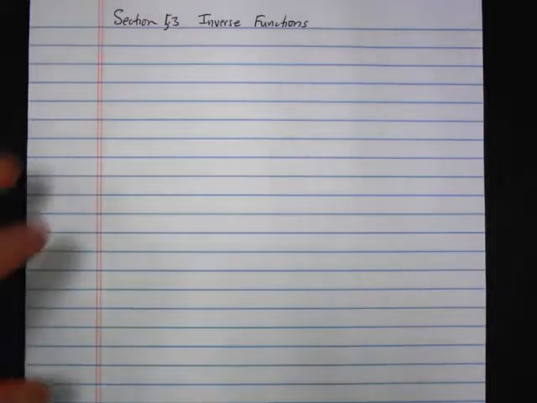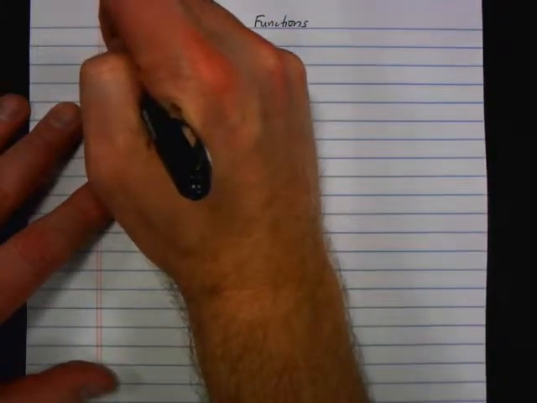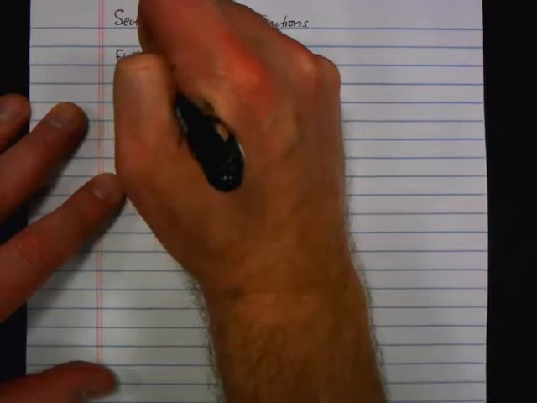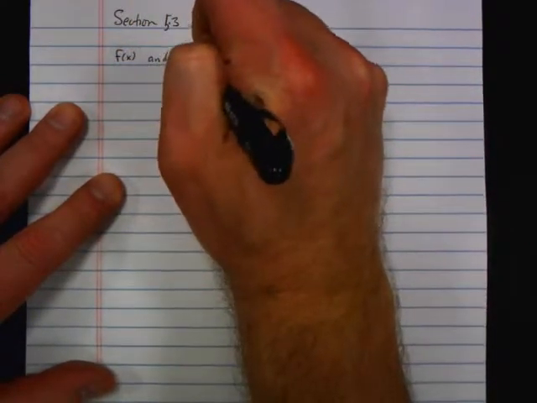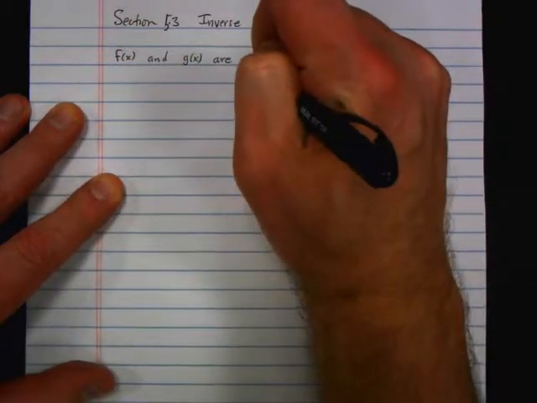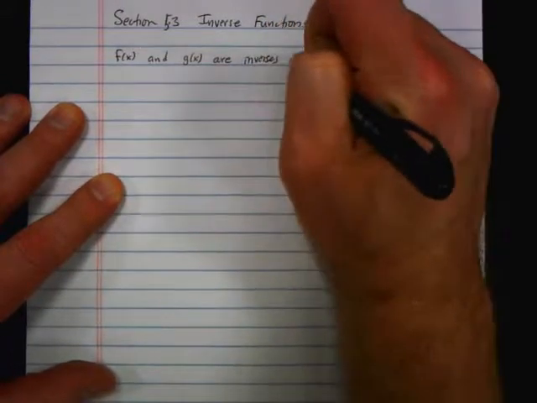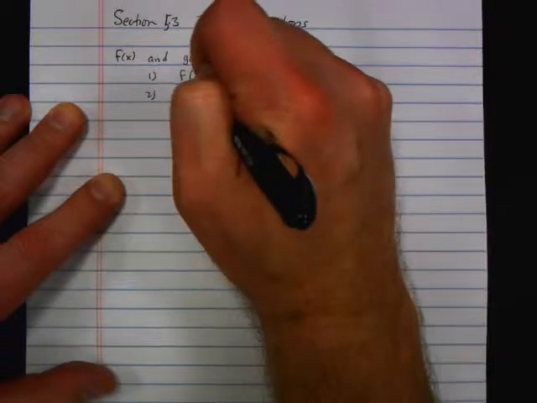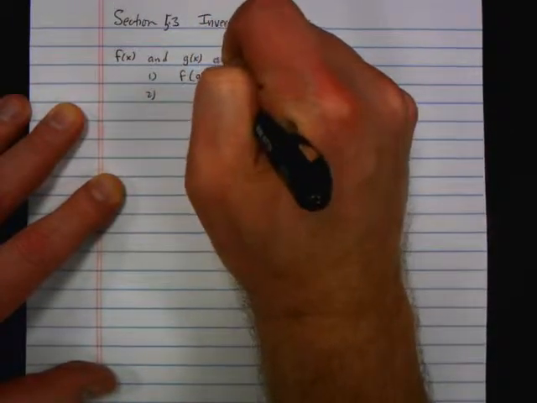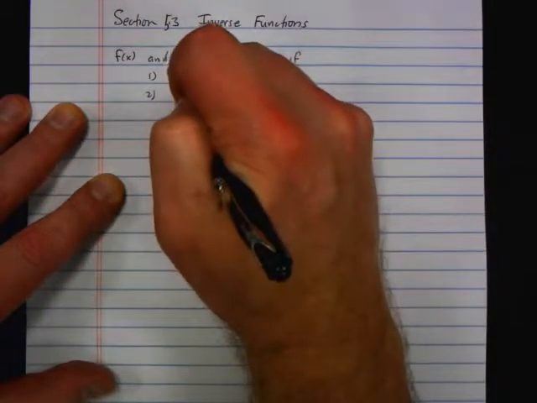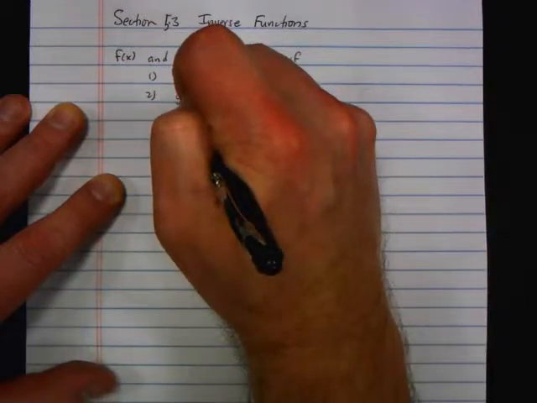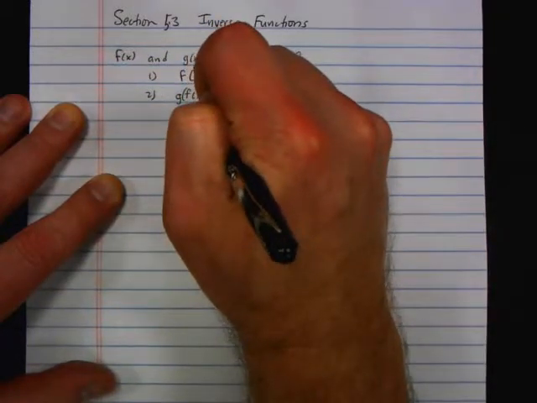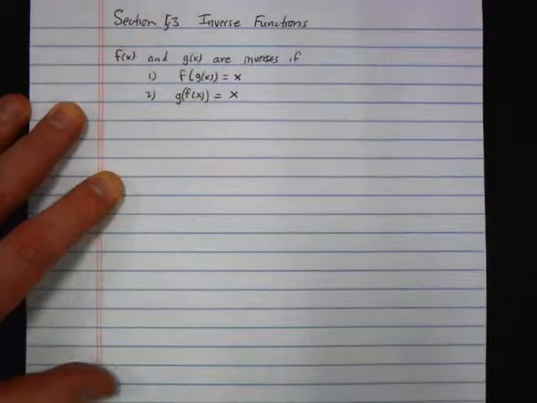Okay, so the formal definition is f of x and g of x are inverses if two things have to happen. F composed with g of x has to be x, and g composed with f of x also has to be x.